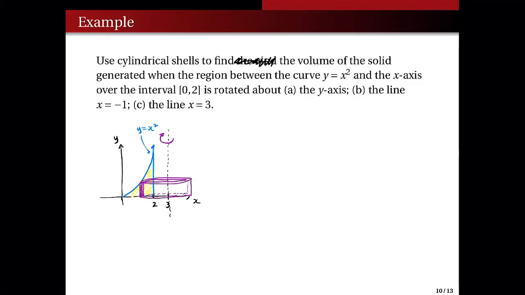Your strips will still move horizontally, still from 0 up to 2. Height, nothing is changed. It's still your f of x, or in our case, your x squared. So this is your height.